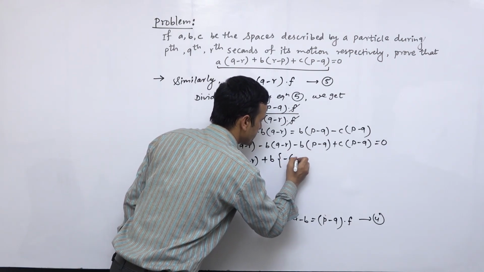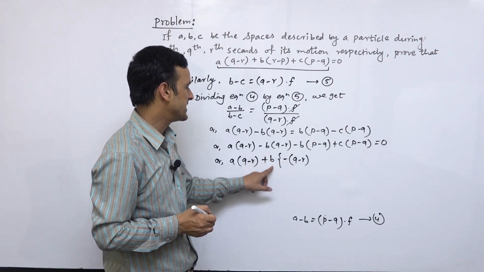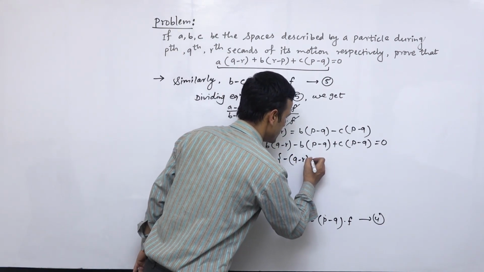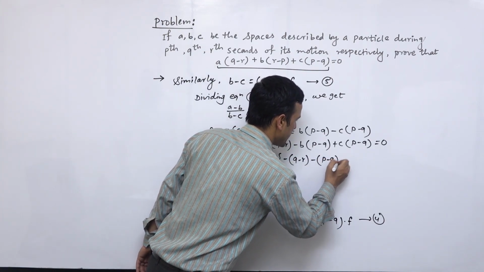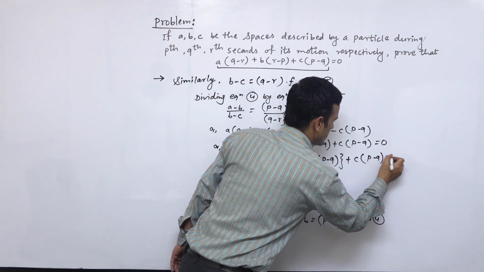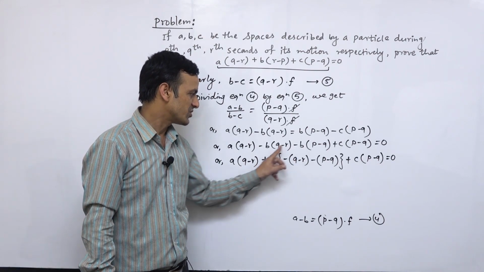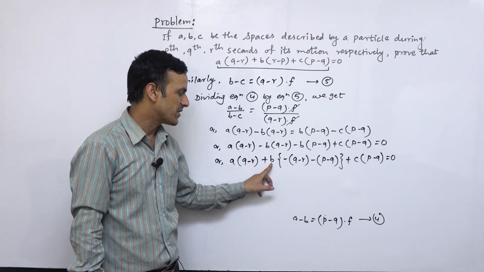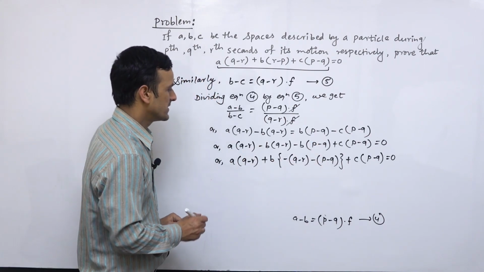Plus b means it is minus q minus r; in the middle we have to write minus, after taking plus b, this minus comes here, and if b is taken over here then again we have p minus q. So this is the step after taking plus b common from these two terms.